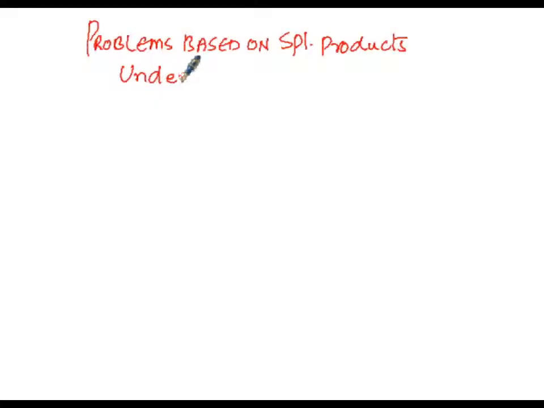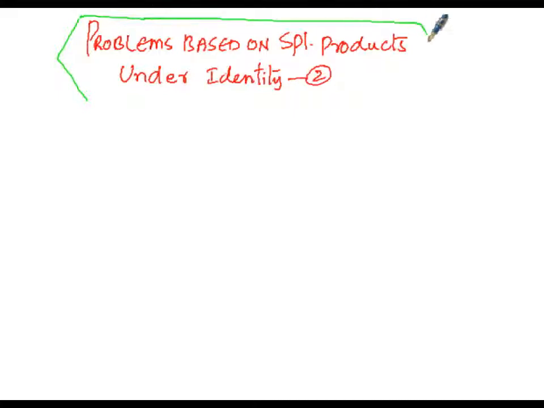To perform few examples that are based on special products, that too under identity number 2. So here the identity number 2 states that (a + b) whole square is equal to a square plus 2ab plus b square.